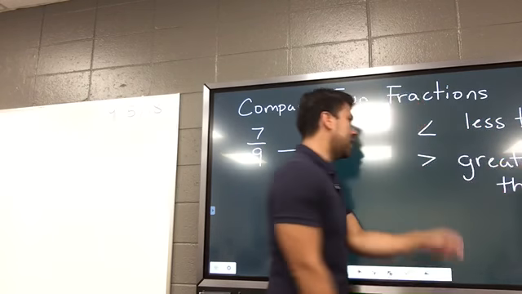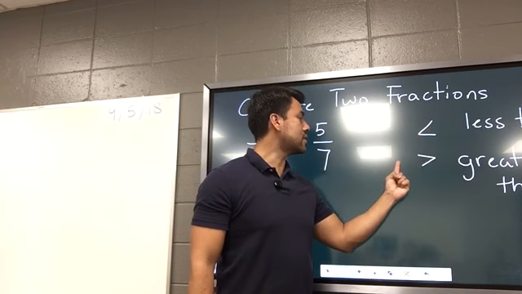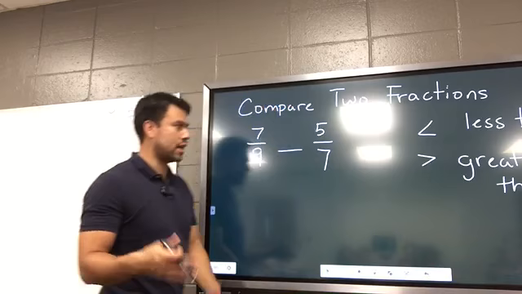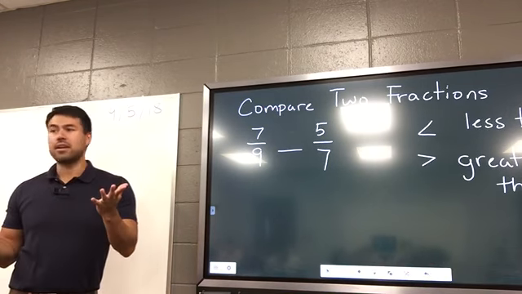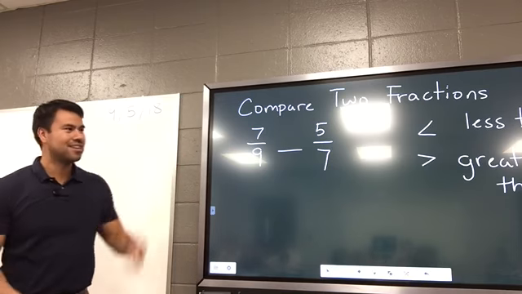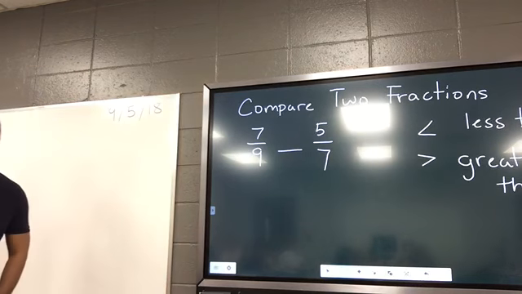So I would read it, this number is less than the second number, or this number is greater than the second number. So you got to know which one it is, because they're not the same thing. You can also do equal to, which means equal to.